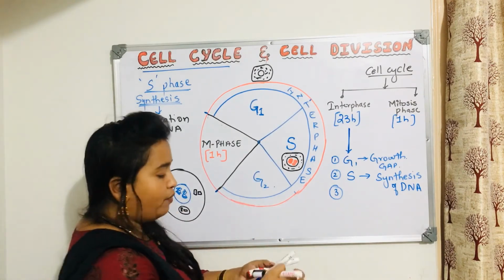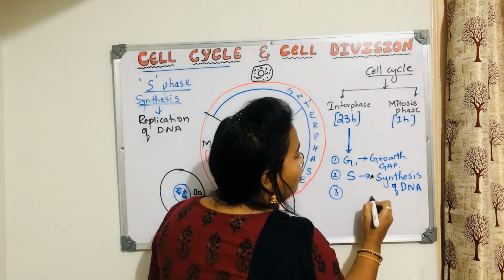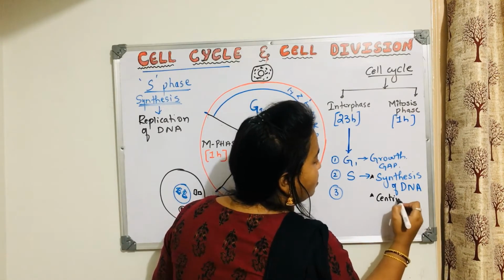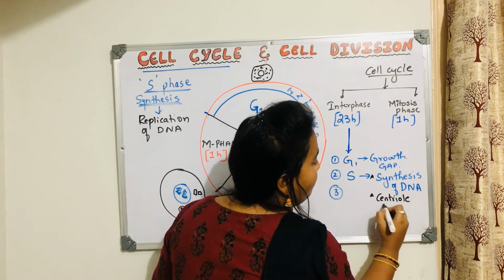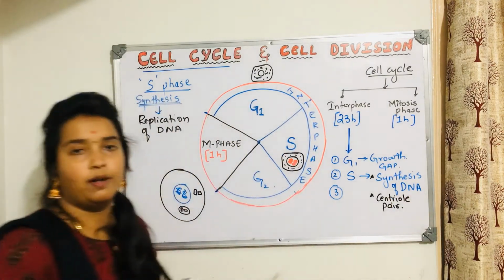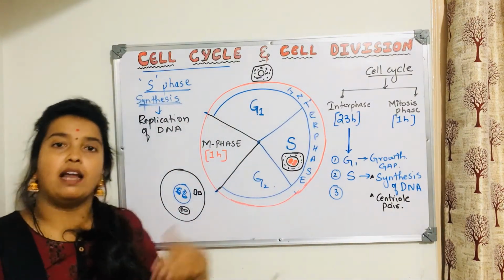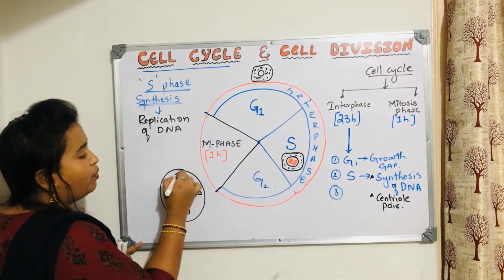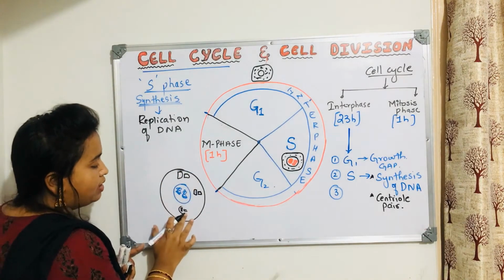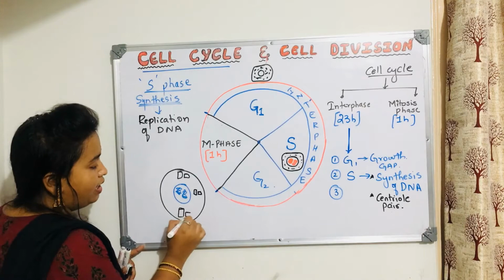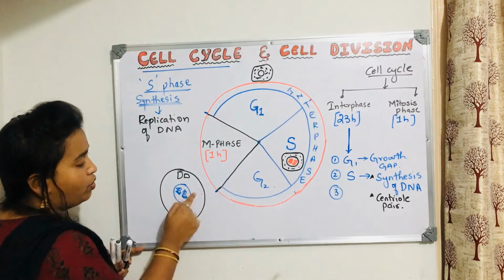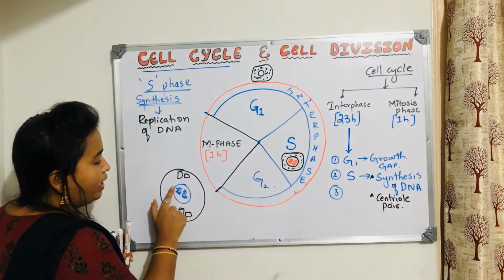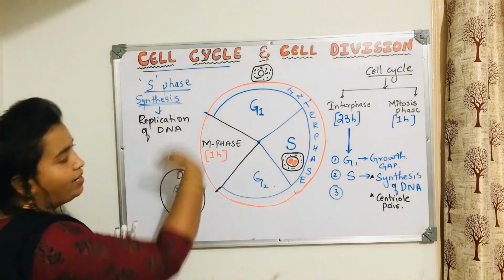So along with synthesis of DNA, this is the first thing. What is the second thing happening? The centrosome divides to form a centriole pair. Pair means the centriole is dividing and forming another pair of centrioles. This pair of centrioles will move towards this end, and the other one is already here. Finally the nuclear content will be dissolved, and that is in the next phase.